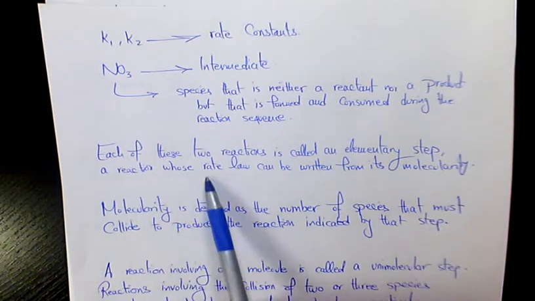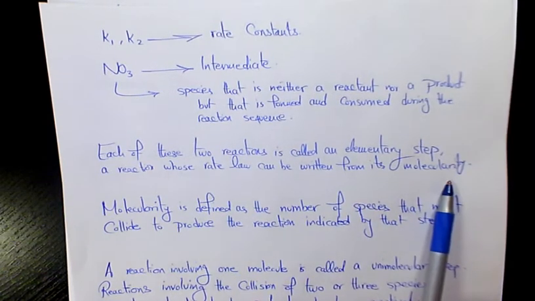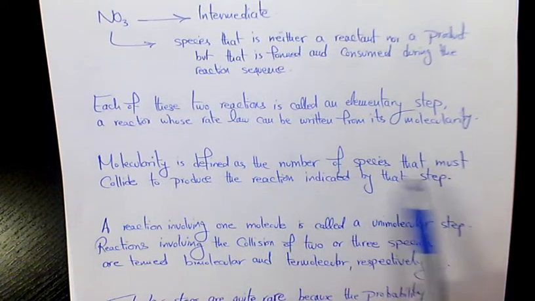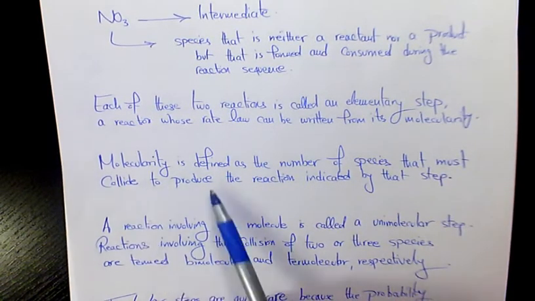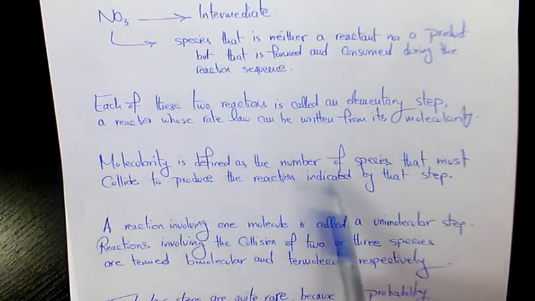An elementary step is a reaction whose rate law can be written from its molecularity. What is molecularity? Molecularity is defined as the number of species that must collide to produce the reaction indicated by that step. What does that mean?